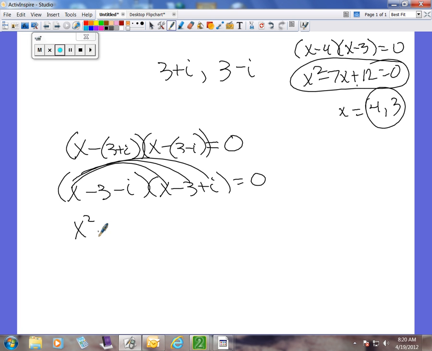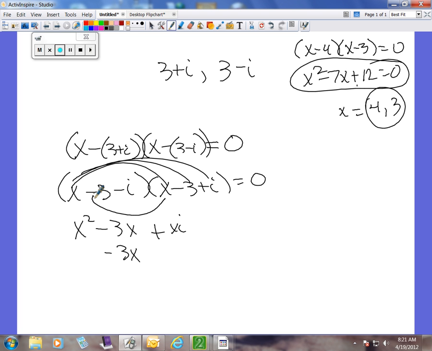x squared minus 3x plus xi or ix, it doesn't matter how you write that. Now do the negative 3, and I like to put them under my like terms as I'm doing it. Negative 3 times x would be negative 3x, wouldn't that go under there?